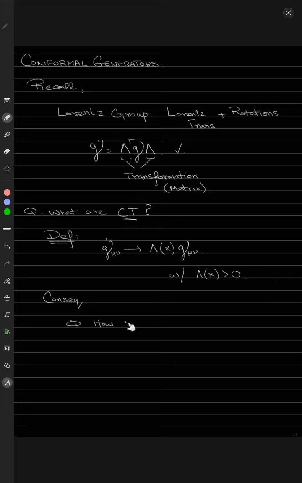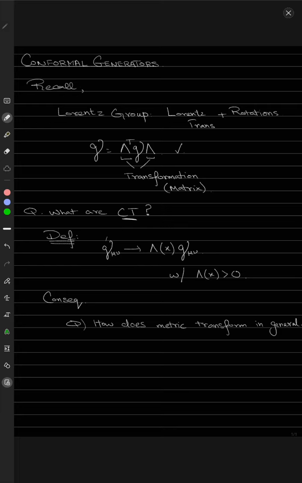This is something that we already know. So how does the metric transform in general?